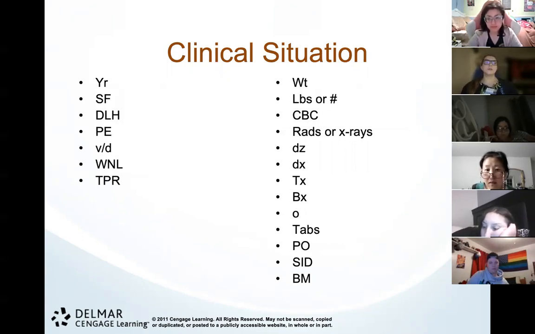What about SID? We're talking about medication frequencies. Perfect. So I'm seeing once a day, but how many hours? I want you guys to get into the habit of knowing how many hours are in between doses. So once a day is also every 24 hours. And I'm going to tell you guys an example of why that's so important. I've seen this happen probably a handful of times, unfortunately, where the owner misunderstands what the dose really means.